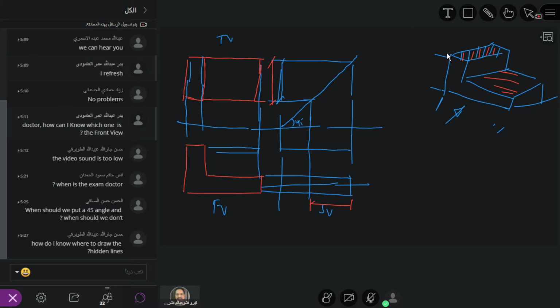I don't need to measure the width because the width I already made here.